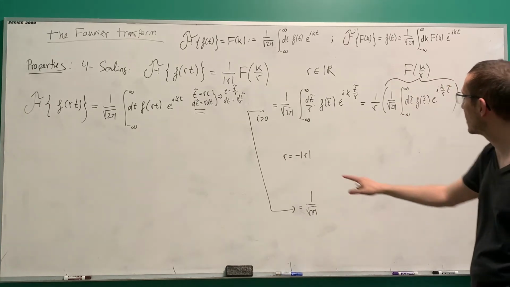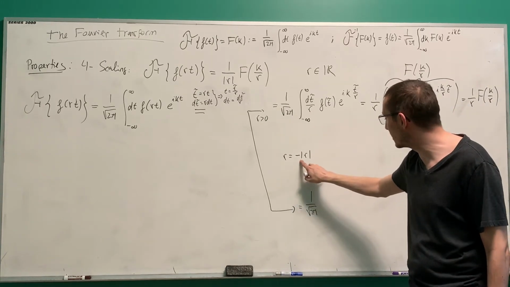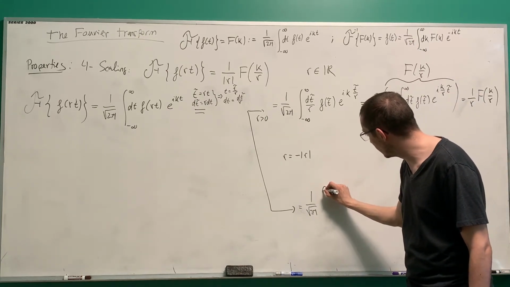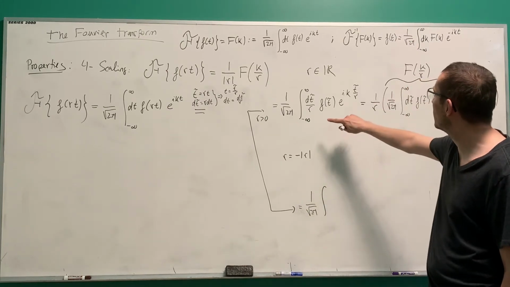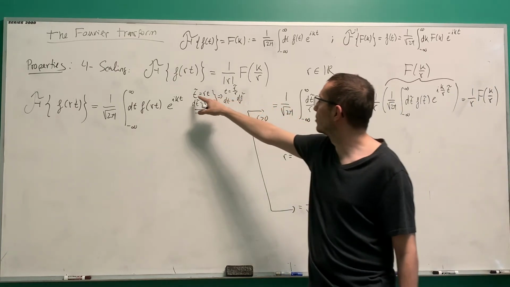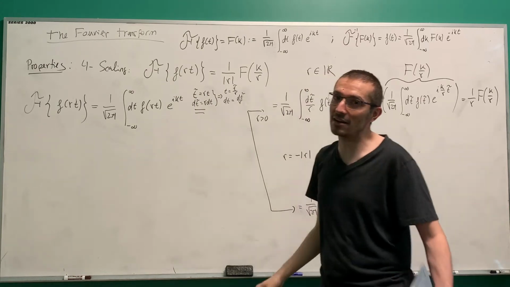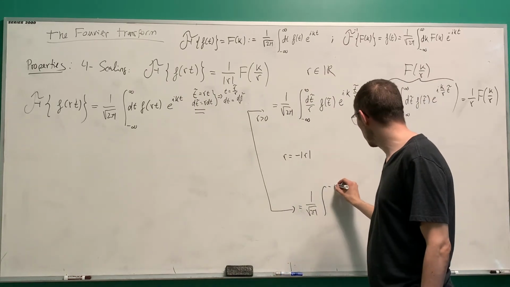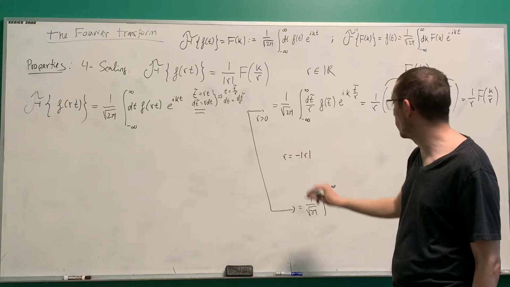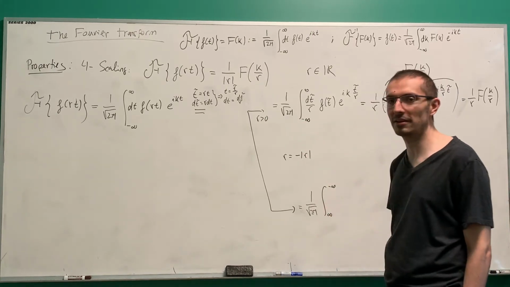So I'm going to substitute r, because it's negative, by minus modulus r, all the time that I see it. Okay, first, the integration limits. When t goes to infinity, t tilde goes to minus infinity, because r is negative, so minus infinity on top. When t goes to minus infinity, t tilde goes to plus infinity. So it's swapping the limits here.